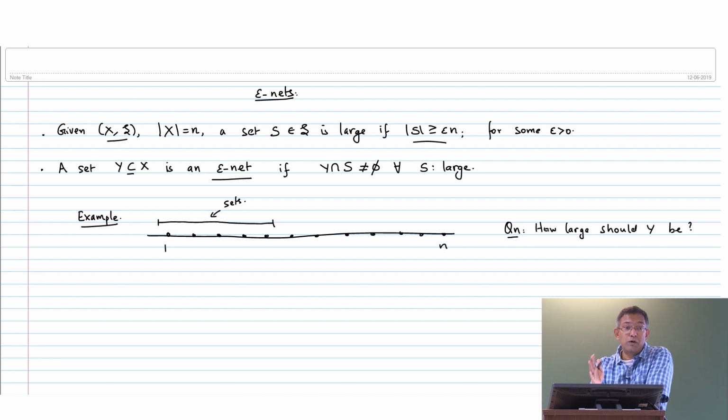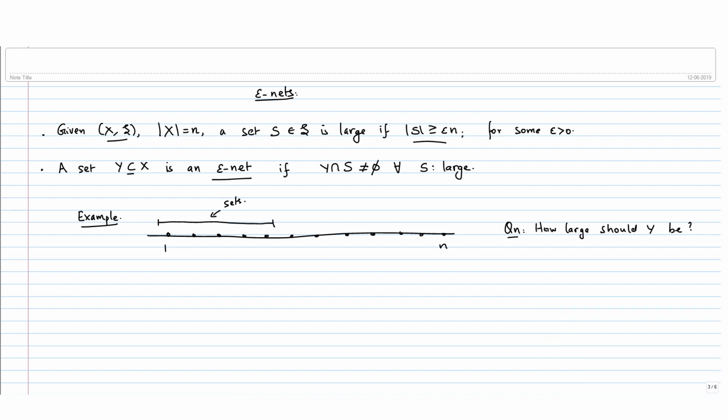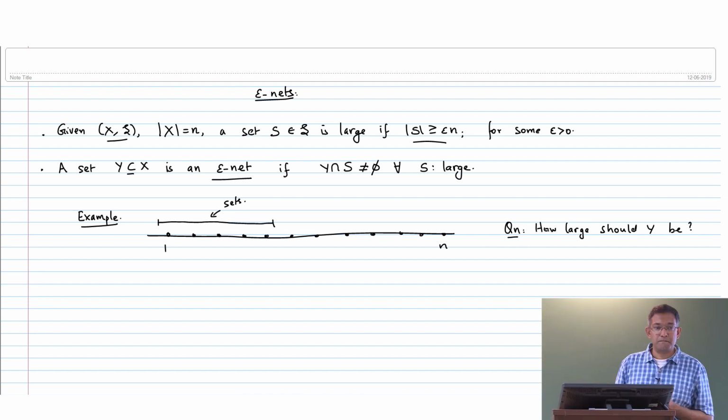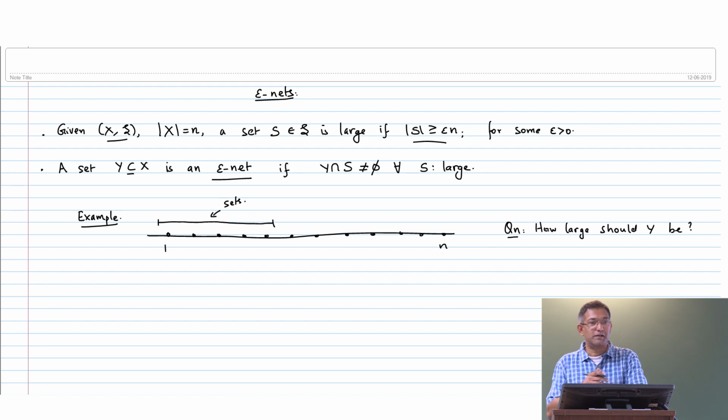We just want to know how large should Y be. So in this case, if you have points on a line and the sets being intervals, how large should Y be? Sure, you could pick all the points. That's an epsilon net, but you could do better than that.